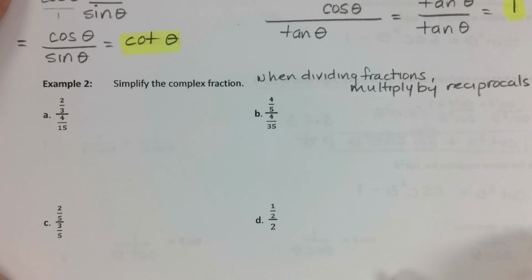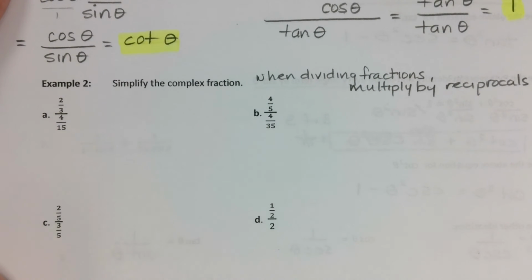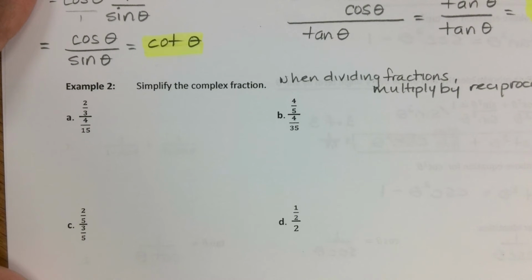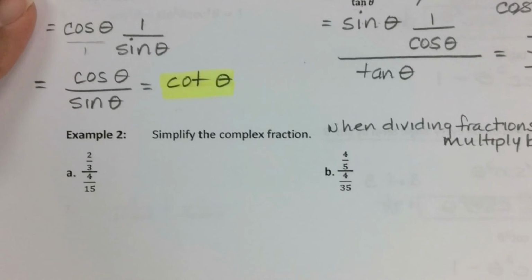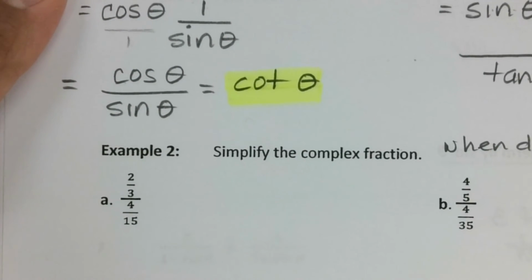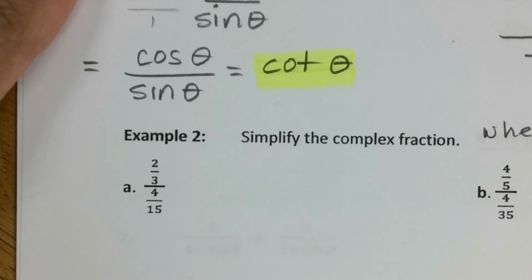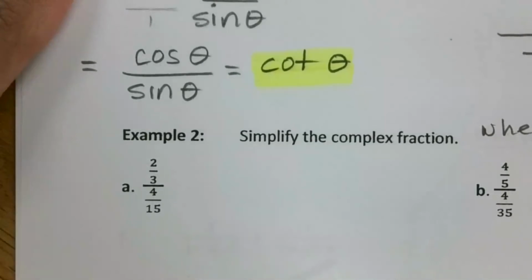That's a reminder of what that means. Again, I'm going to zoom in because it's very small print. Let's look at part A: 2/3 divided by 4/15.